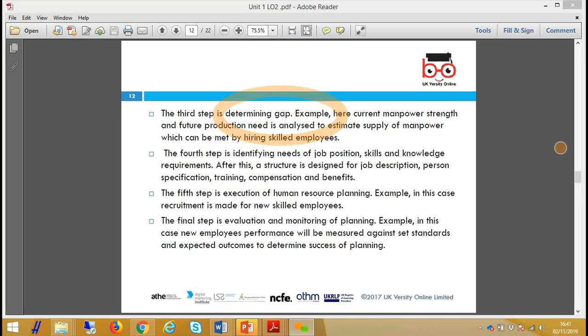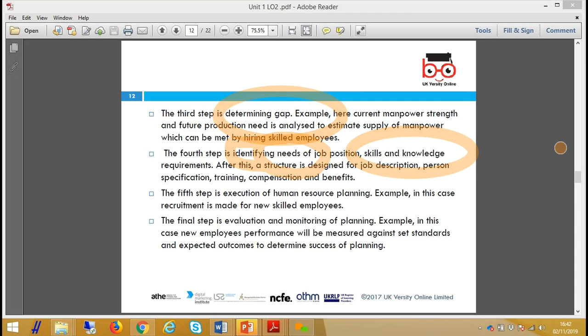So the fourth step now is where we do the knowledge, skills, and attitudes. You can think of that as identifying needs. The key thing is your knowledge, skills, and attitudes for the job, right? So when you identify the gap or the surplus, you now need to also think about this in terms of not just skills and competencies, but also knowledge and qualifications, and also attitudes and behavior.